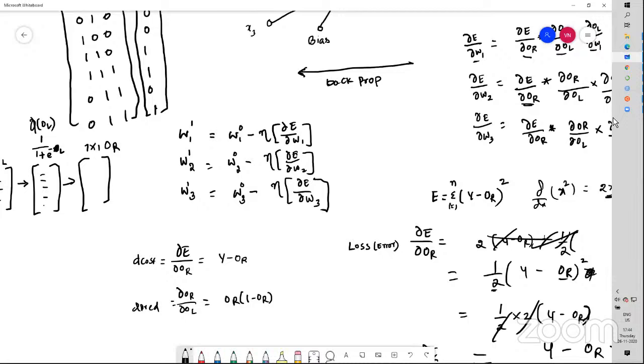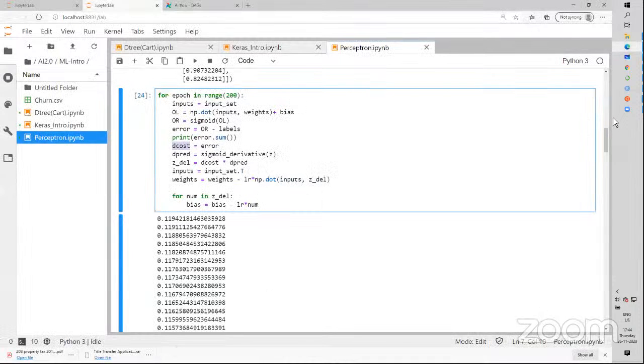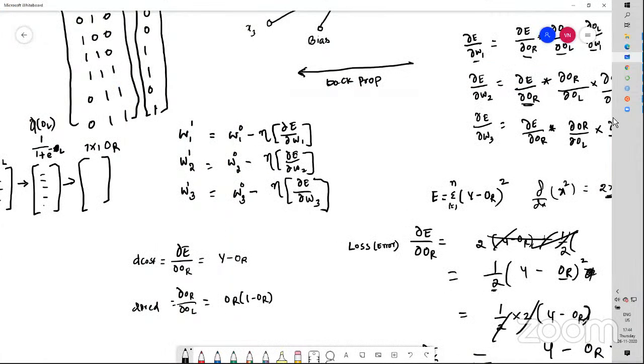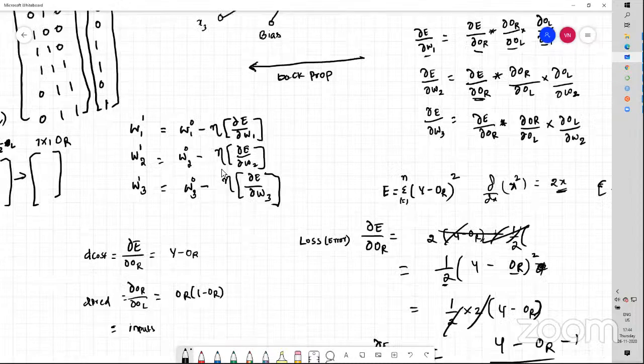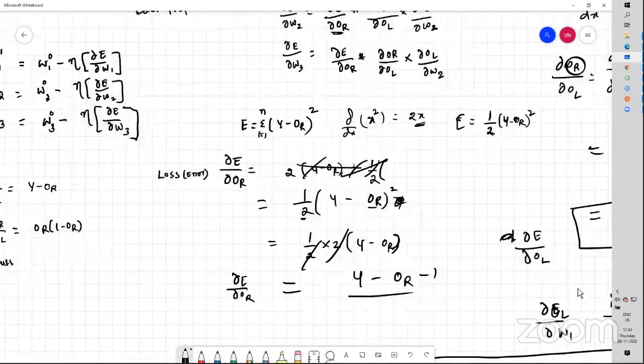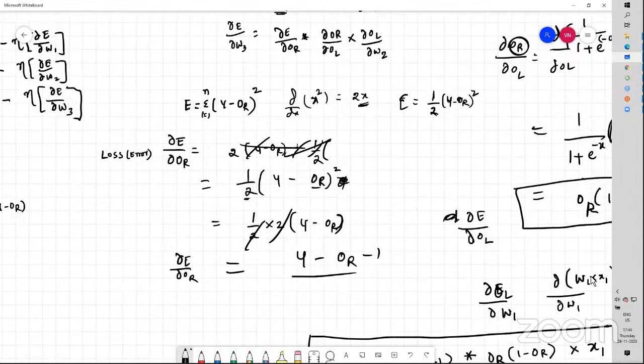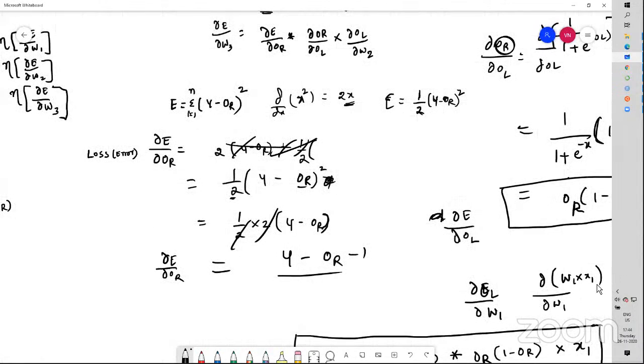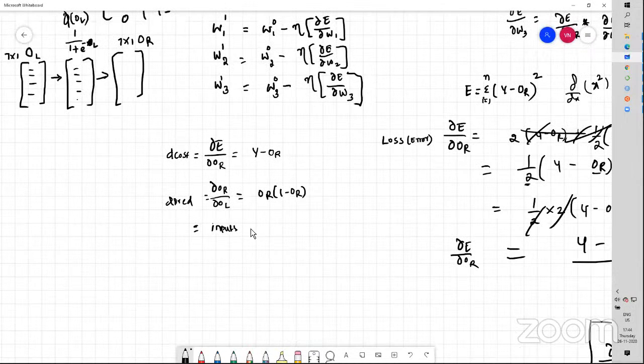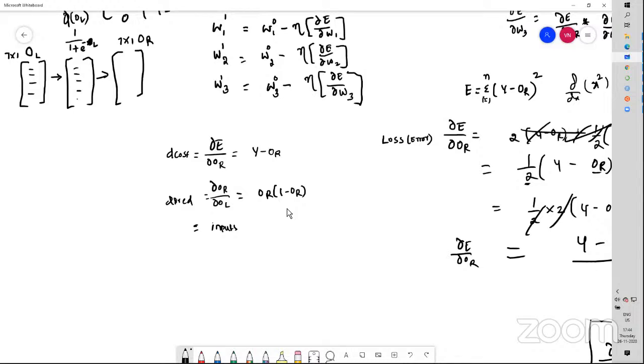And finally, the derivative with respect to weights: dou W1 x1 divided by dou W1, rest all of them are constants. So if we derive this, we would get x1, which is going to be x1 itself. So we are going to multiply these, which is x1. So this is for your computation of the gradient.